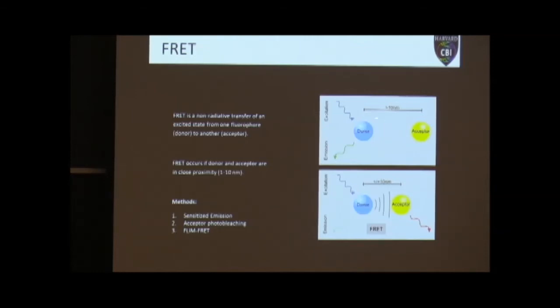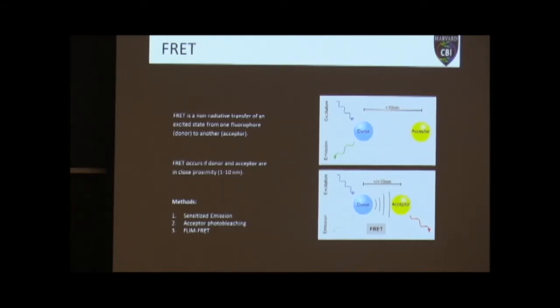And what that means is that the emission spectrum of your donor overlaps with the absorption spectra of your acceptor. So usually what happens is, let's say this is your donor, some blue light comes in, it usually gives off a green fluorescence. Right? And if these molecules are pretty far apart, that's what's going to happen.